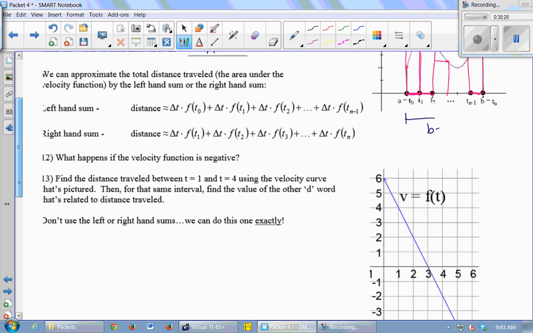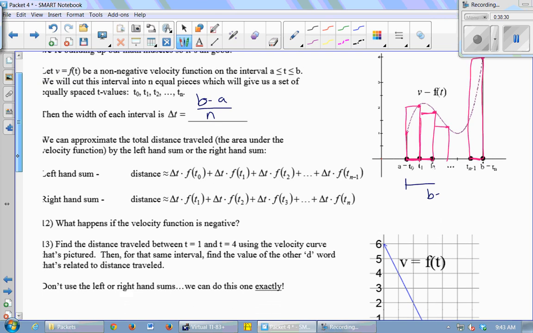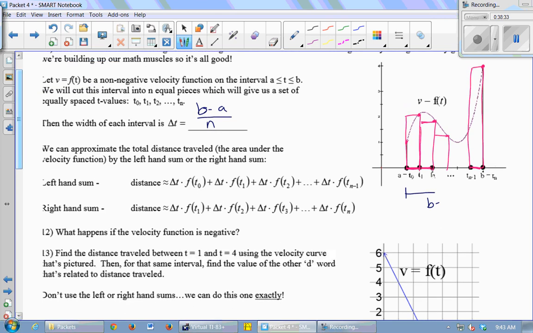All right, what do you think happens if part of your velocity function is negative? Yeah. So let's just say this curve continued down like that.